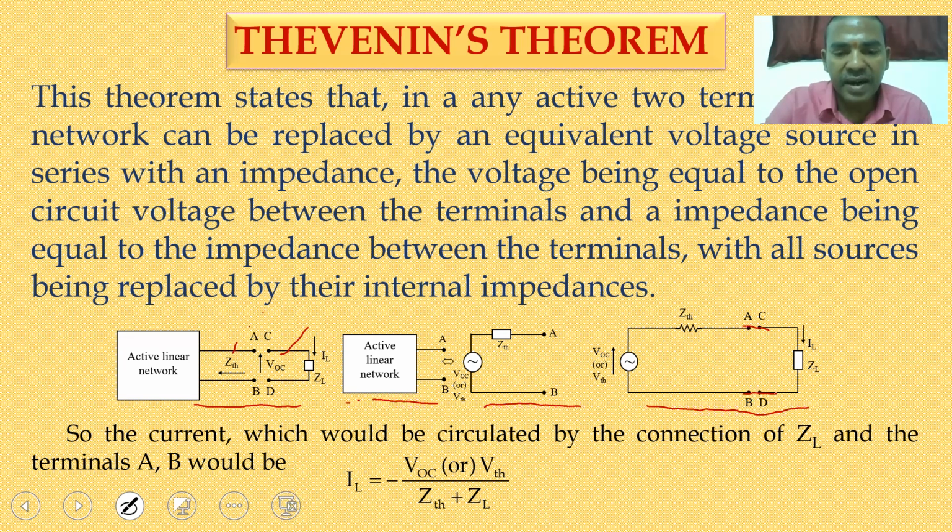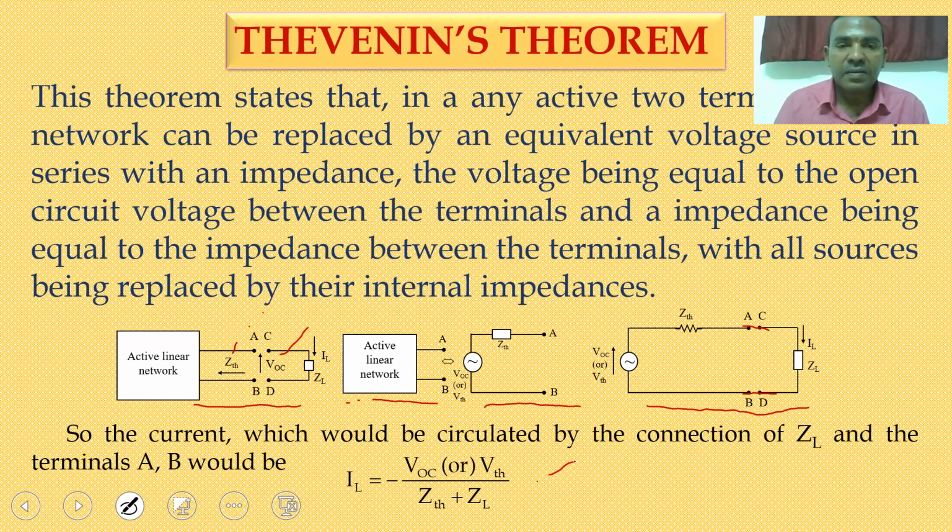The load current can be represented as VOC or VTH divided by ZTH plus ZL. This is the total load current we are calculating: the response at a particular load, with the entire complexity of the network replaced with a single voltage source in series with a single impedance.